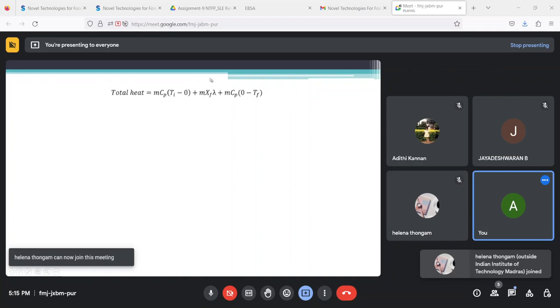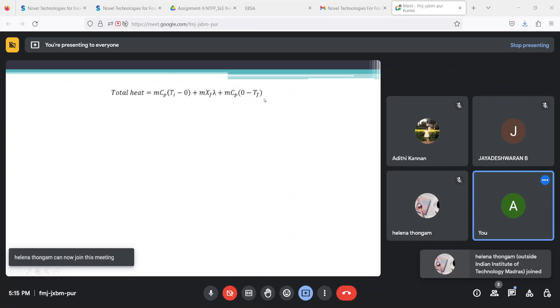Plus, for the freezing process, that is for water to turn from liquid to crystals, it is given by mass into the fraction of moisture that can be frozen into lambda, which is your latent heat of freezing. So m is mass, xf is the fraction of moisture that can be frozen, and lambda is your latent heat of freezing. So this is the second process.